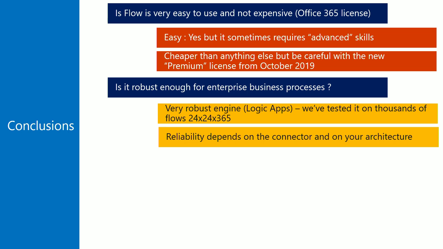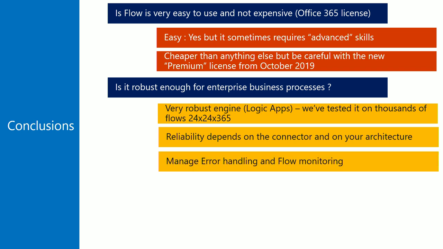Some connectors are less reliable than others. And also some connectors have different levels of throttling. So it can have an impact on your application. And also it depends on your architecture. Don't forget to use try and catch to manage errors that could happen in your application. This is very, very important. Also, manage error handling and also provide flow monitoring.